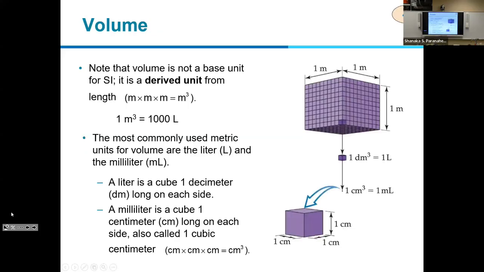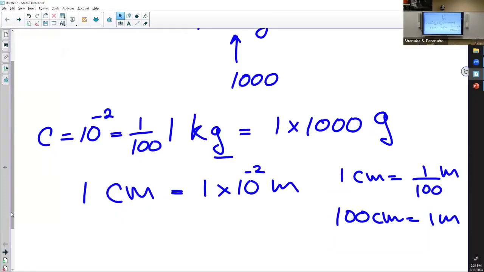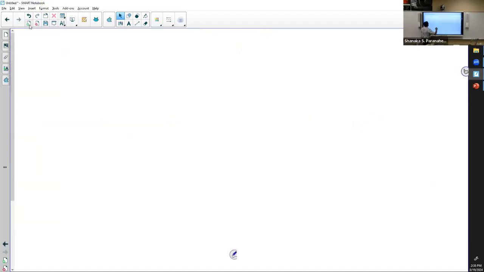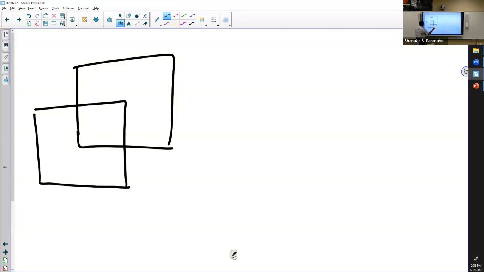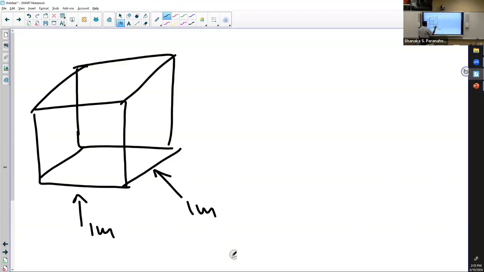Next one is volume. Let me explain the SI unit of volume, which is cubic meters. It's derived from length. Let's say we have a cube like this. The length of this cube is 1 meter, the width is 1 meter, and the height is 1 meter. Let's say we want to calculate the volume.